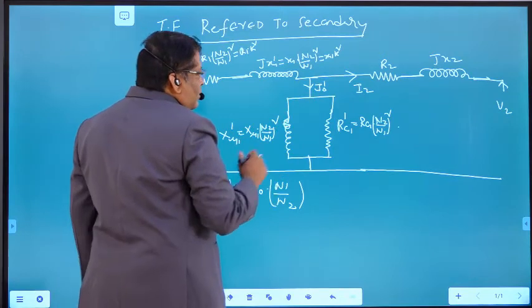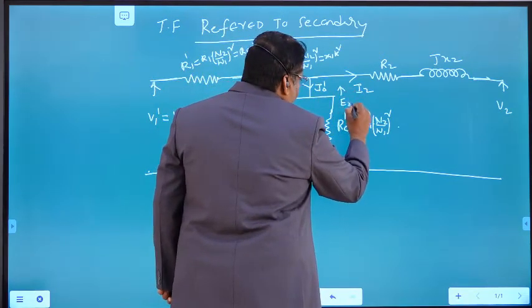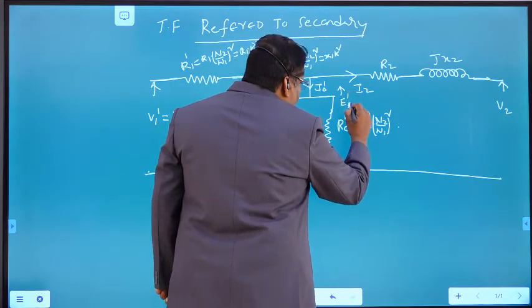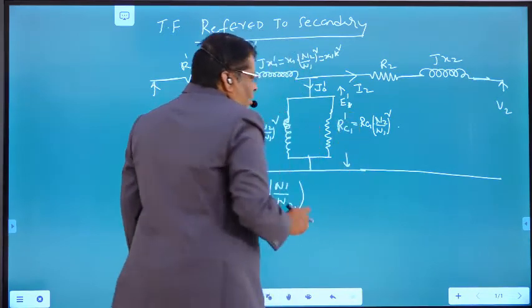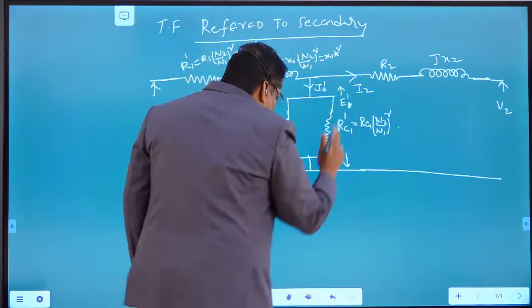And one more quantity is there here. This is the E2, nothing but E1 dash. E1 dash is the voltage with respect to the secondary. How do you find this value?